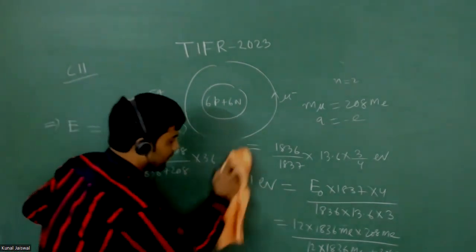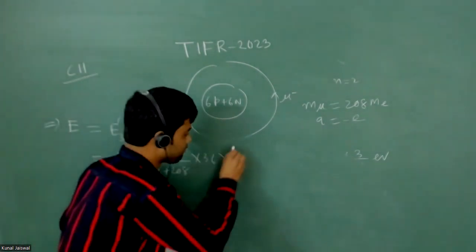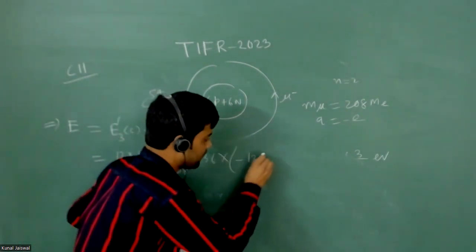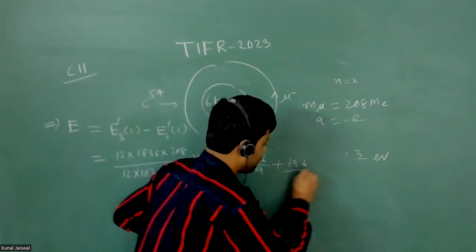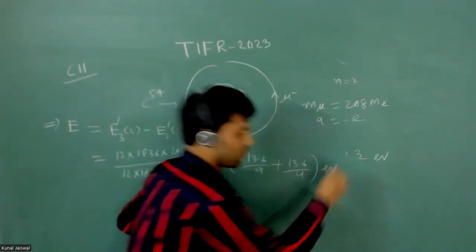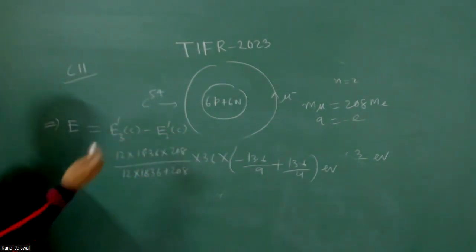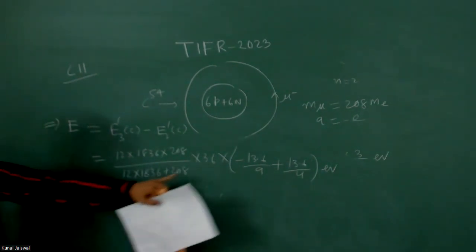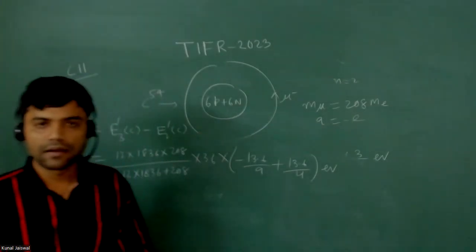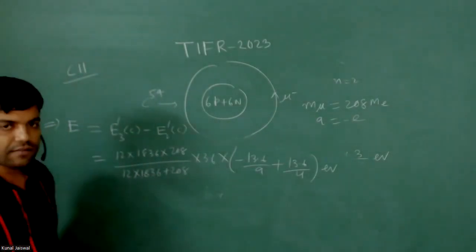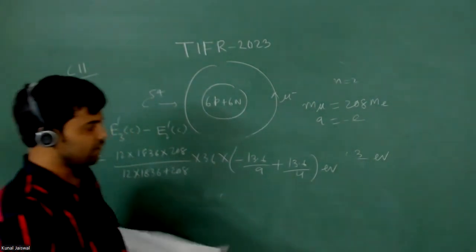Now E3 minus E2 means minus 13.6 by 9 plus 13.6 by 4 electron volt. I have substituted those values of E3 dash and E2 dash. You have the reduced mass factor, then Z square, and then E3 minus E2, which is the energy difference between the second and first excited states of the hydrogen atom with infinite nuclear mass.